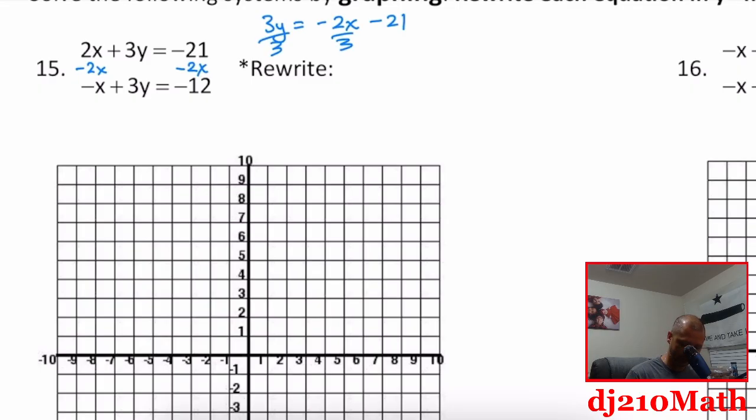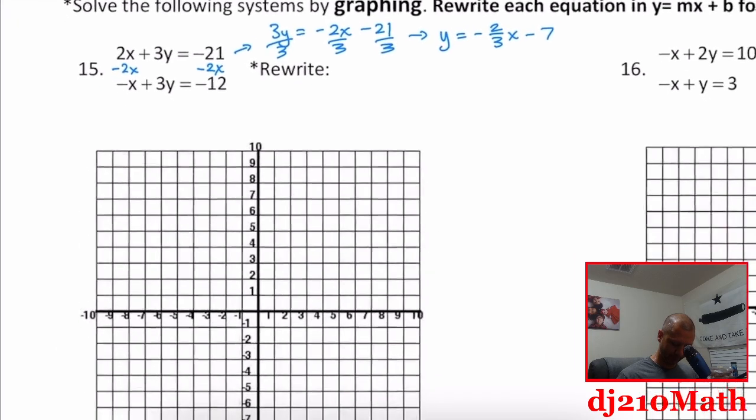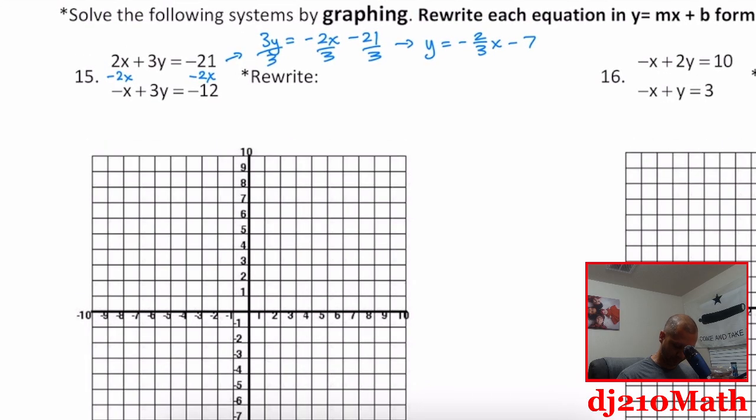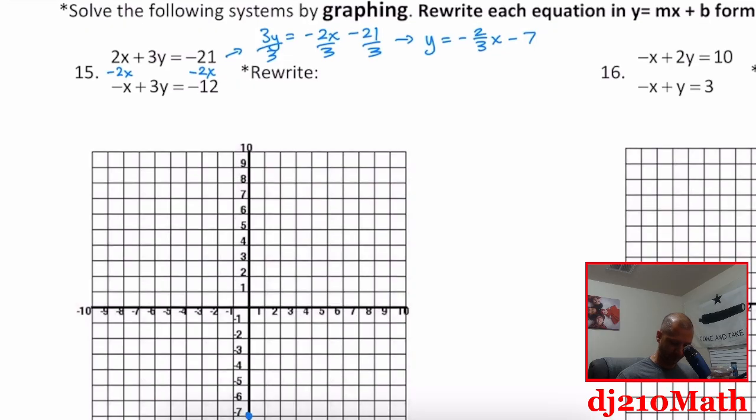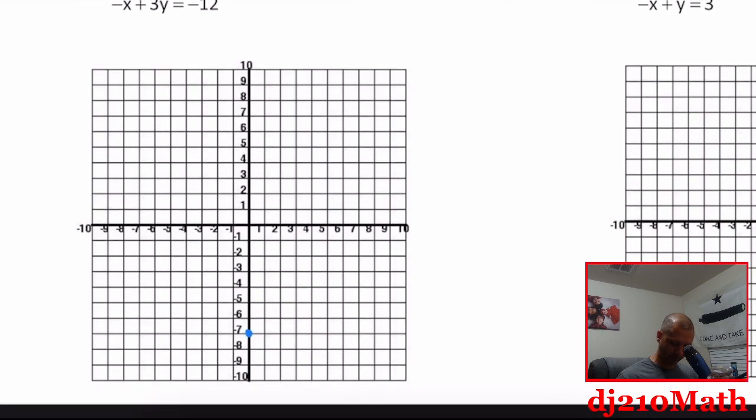Divide by 3, divide by 3. We get, right, just following the arrows, y is equal to negative 2/3 x minus 7, because 21 divided by 3 is 7. Okay, so the y-intercept is negative 7. And then we go down 2 over 3.